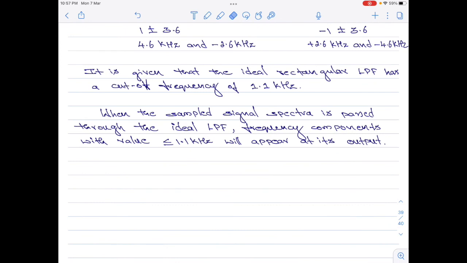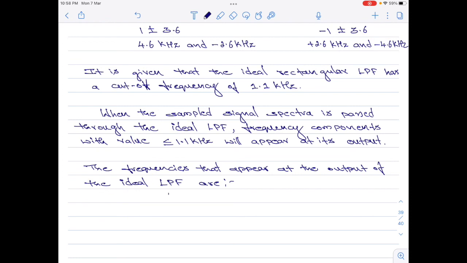So, the frequencies that appear at the output of the LPF are plus or minus 800 Hz and plus or minus 1 kilohertz. That is the final answer for this numerical.